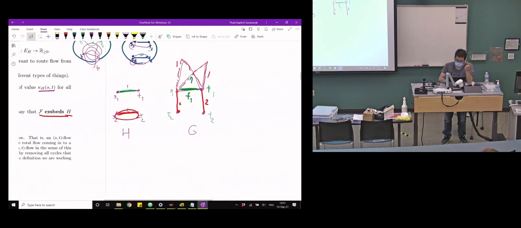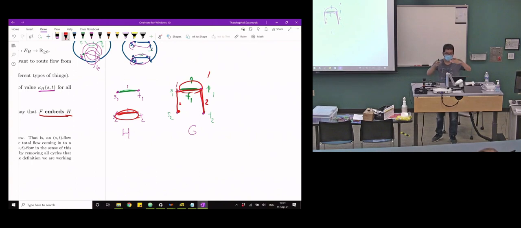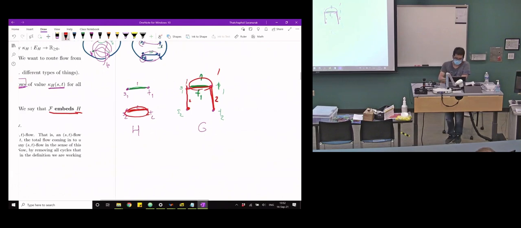For example, if the red flow here really uses the same edge, then the congestion on this edge accumulates for every demand.